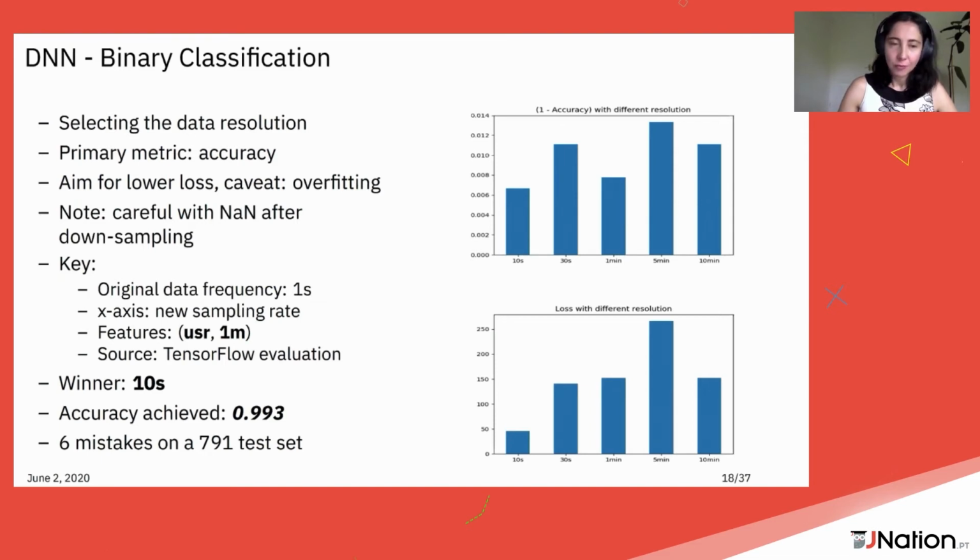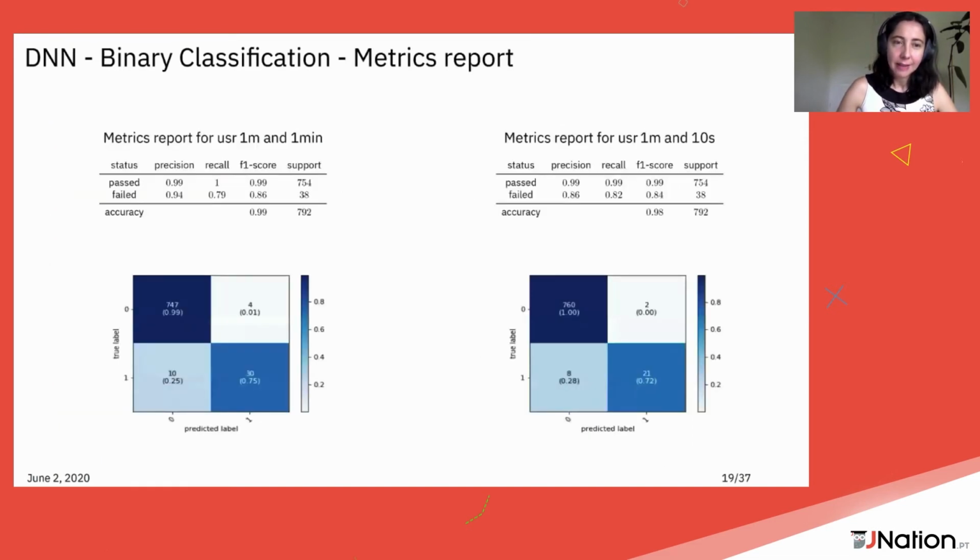So we had a look at the metrics, precision, recall, and the F1 score, which is the weighted average of precision and recall, to see if there was a significant difference to justify having the data resolution of 10 seconds. But the values were very similar, so we decided to keep our model with a data resolution of 1 minute because it was less computationally costly.